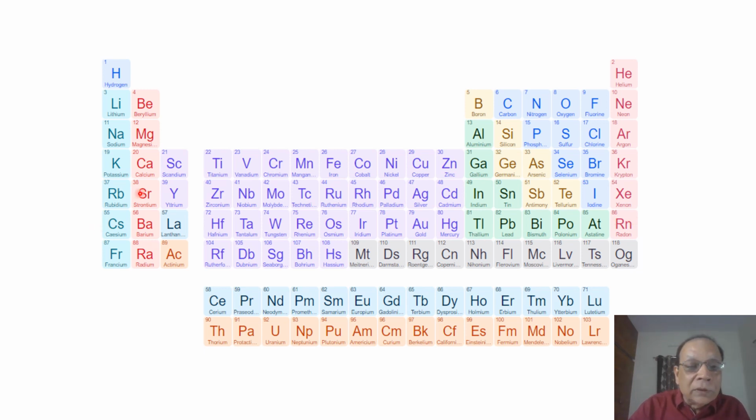Right now, everything ends on a noble gas here, but including these 14 in between lanthanum and hafnium, and this 90 to 103 besides actinium would have created difficulty, and these two periods would have gone far out and disturbed the symmetry of this periodic table.